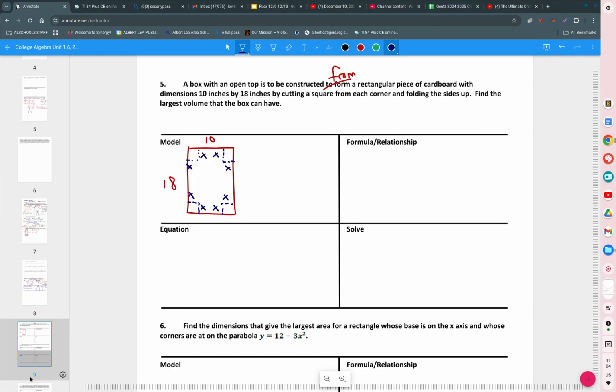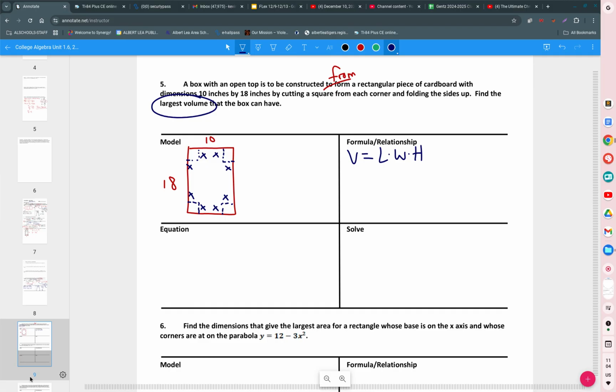What is driving the problem? What is the goal of the problem? Find the largest volume. So therefore, I write the formula for volume. Volume is length times width times height. Is the length going to be 18, more than 18, or less than 18?